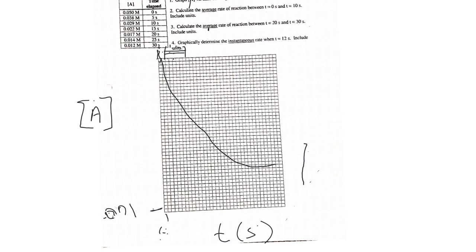So our second question asks us to calculate the average rate of the reaction between a given time period, 0 and 10 seconds in this case. So what we want to do is we want to get the slope of that time period. So in order to do that, you will simply go from 0 to 10.